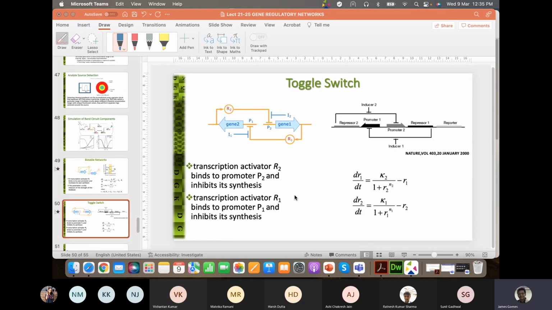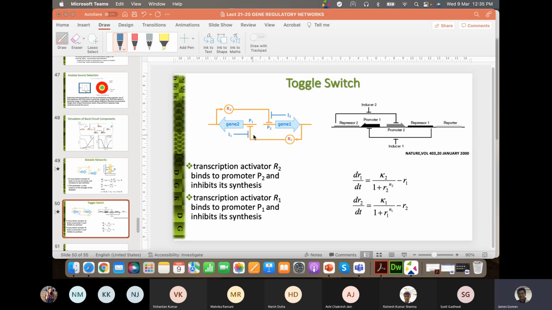Now the toggle switch. So we have one more condition here, which is the toggle switch. This one is going to be either on or off. So look at this I2. If I2 is present, then it's going to de-repress this one, which means that this gene is going to get synthesized.